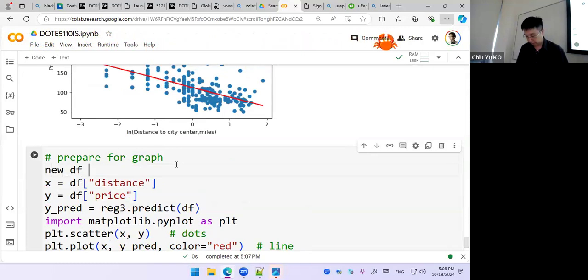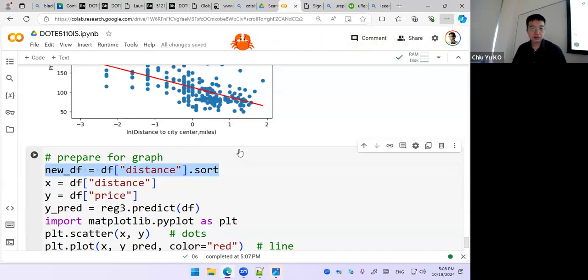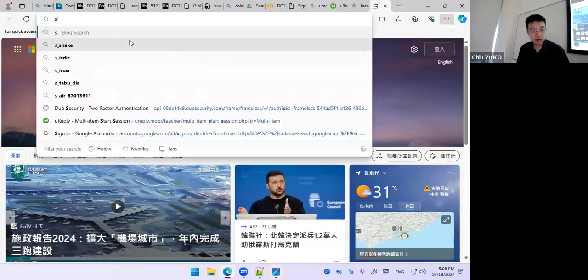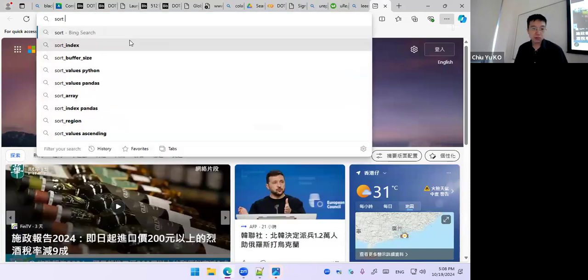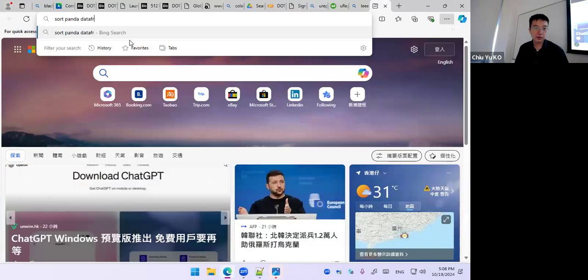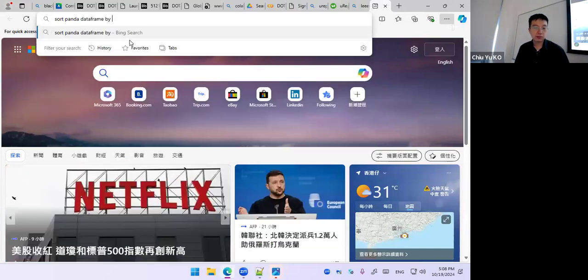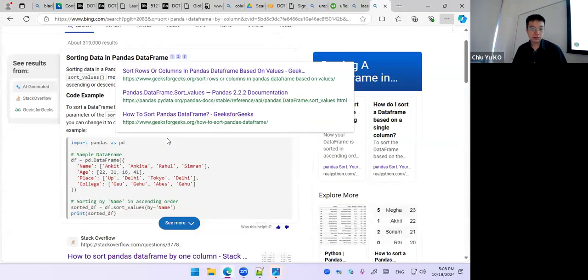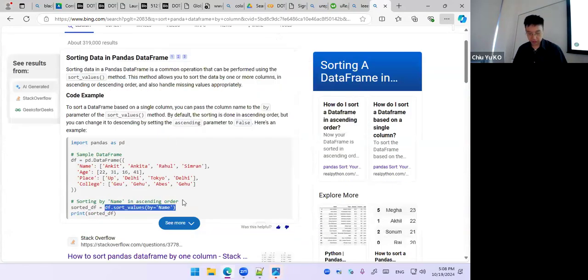New df is df dot sort. I think it's like this. I forgot how to sort. Let's look at it. Sort the data frame by column. Sort values by name.